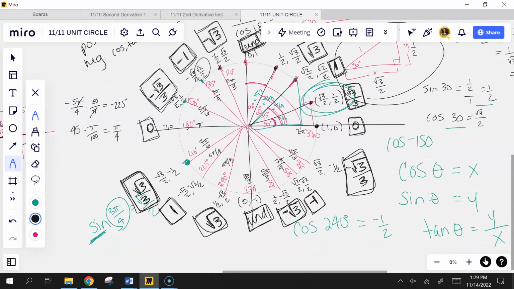That's not a requirement of the circle. Sine and cosine are negative in quadrant 3, but tangent is positive because if you divide two negatives. And then in quadrant 4, cosine is positive. Sine and tangent are negative.